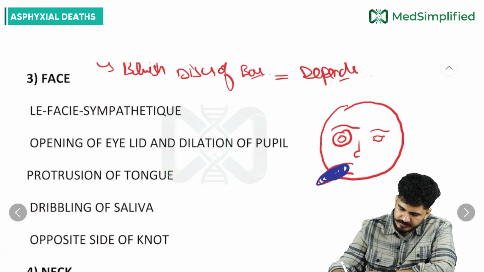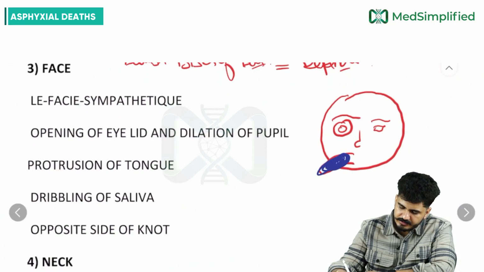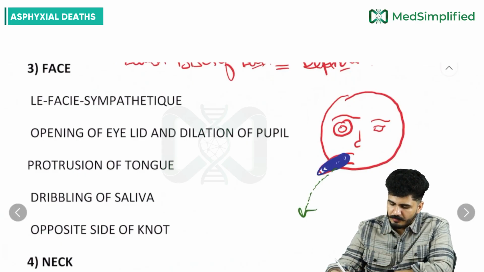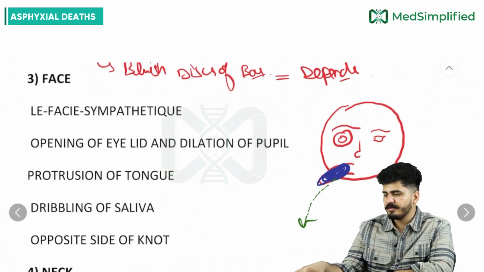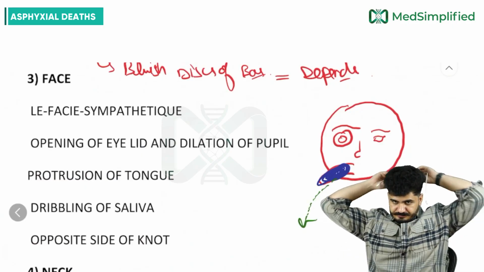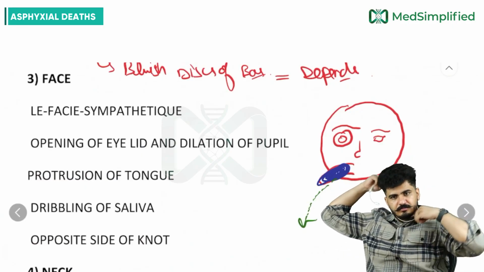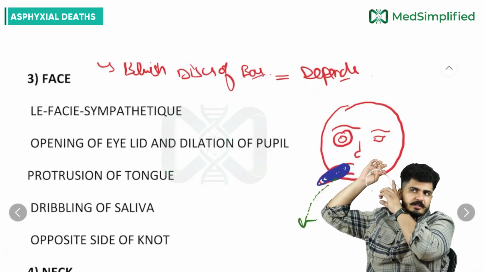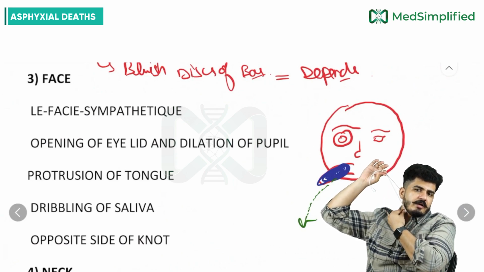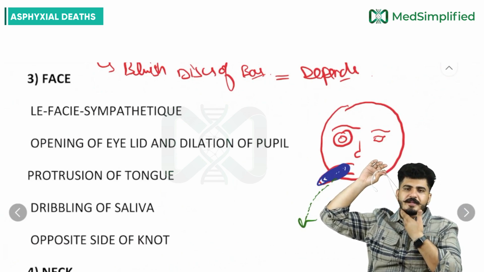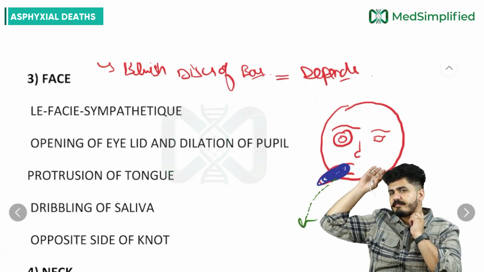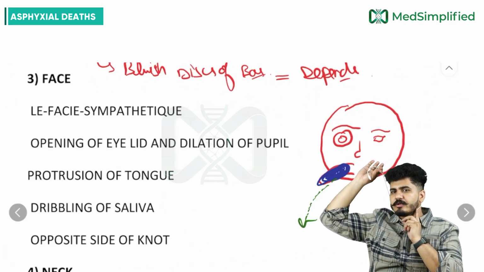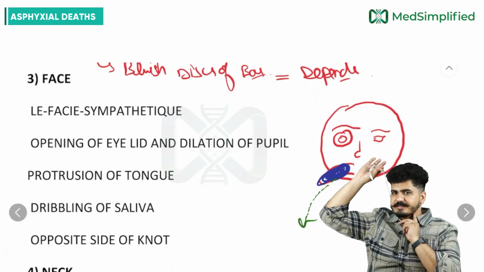And dribbling of saliva. There will be dribbling of saliva opposite to the side of protrusion of tongue. So it is the opposite side of the knot. If the knot is here, this area is free, no pressure here, but the opposite side will be compressing all your glands.